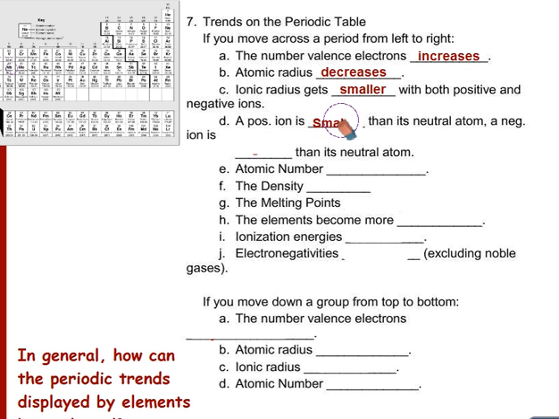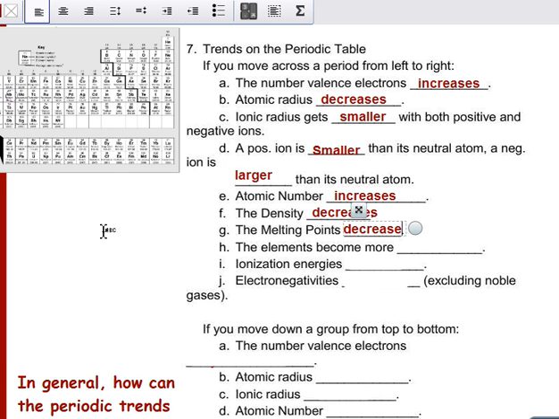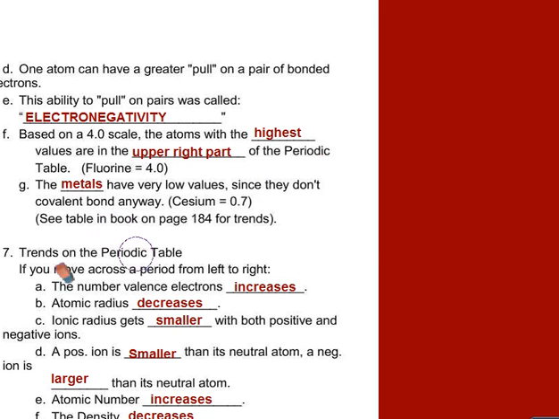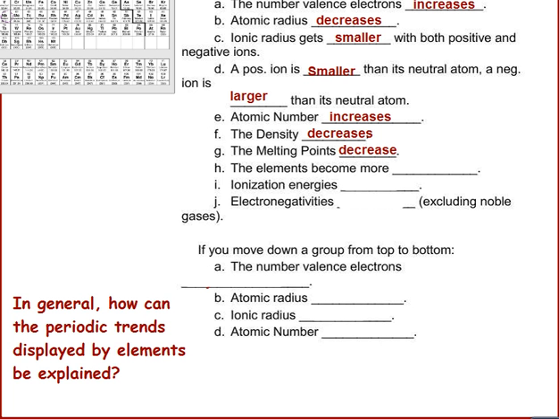A positive ion is smaller than its neutral atom, and a negative ion is larger than its neutral atom. Atomic number increases, the density decreases, the melting points decrease. The elements become more non-metallic. Ionization energies increase.